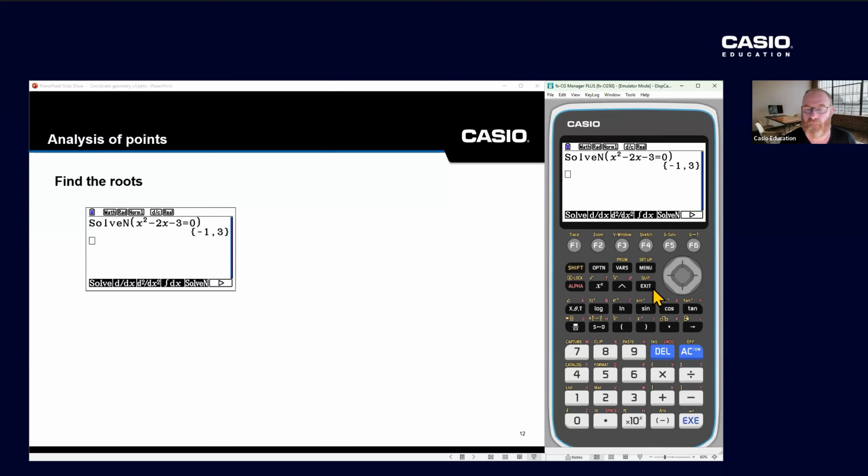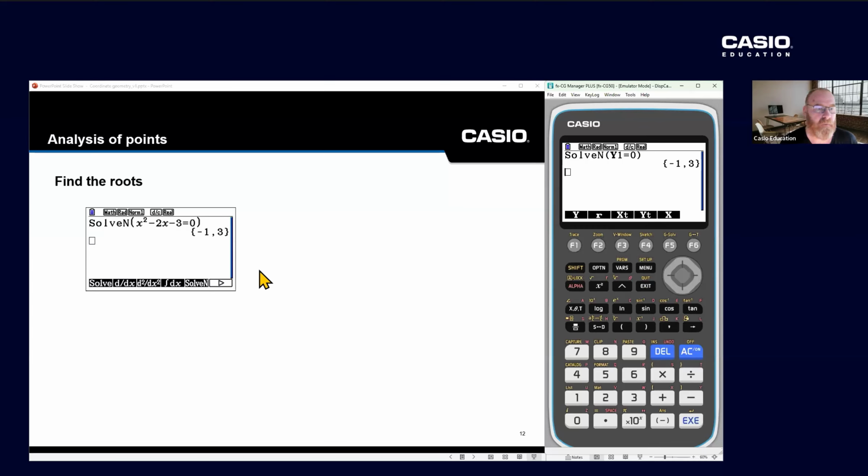Okay. You can, of course, as well, because we have sketched the function already, instead of using the actual function, you can use graph notation. My graph is y1, my quadratic, and you can solve that and get the same value.